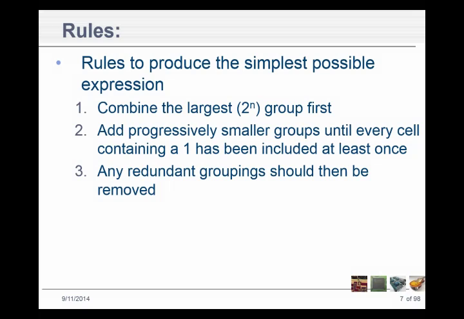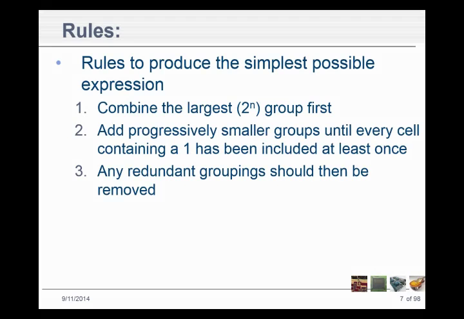A lot of people in the past have started saying, what is a minimum SOP? Well, now you know. You first look around and make sure that you combine the largest group first. I've got in there a 2 to the n group.